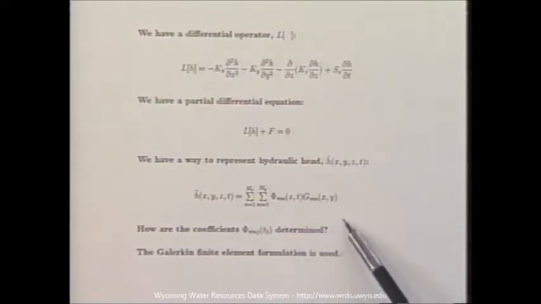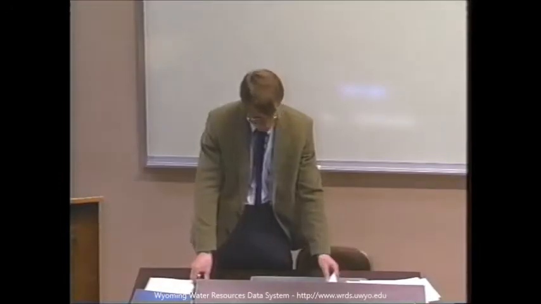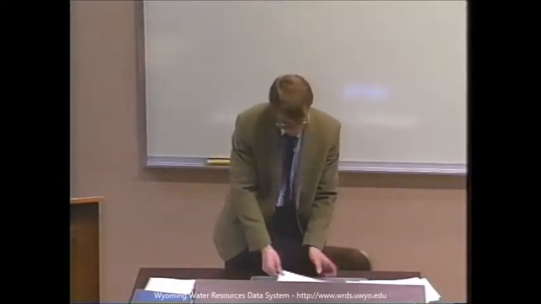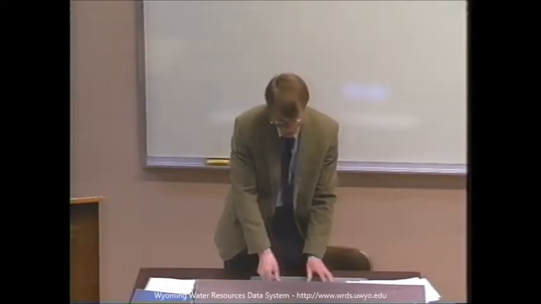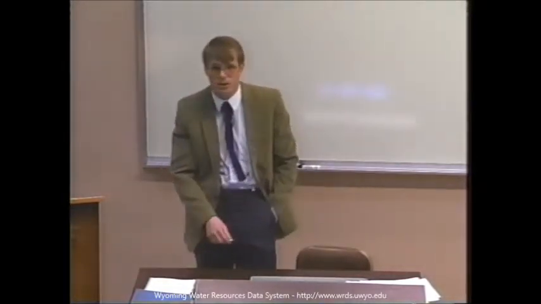It might be a double sine series, like I showed in that double Fourier series. So the question is how do we determine the phis, the phi mnj? Well, we'll use the Galerkin finite element method. And I'm not going to go into too much detail there other than say basically what it's about.